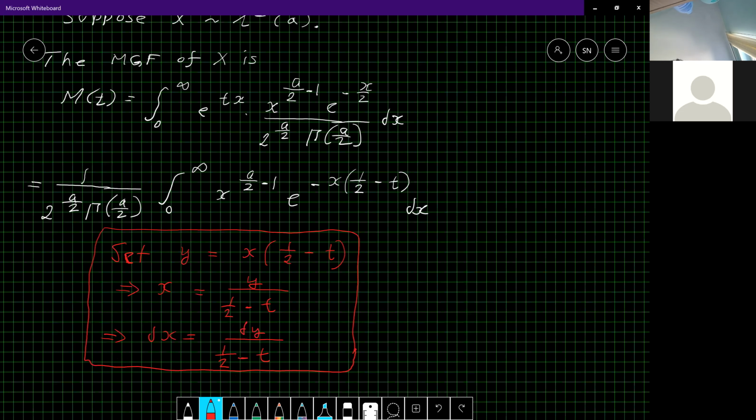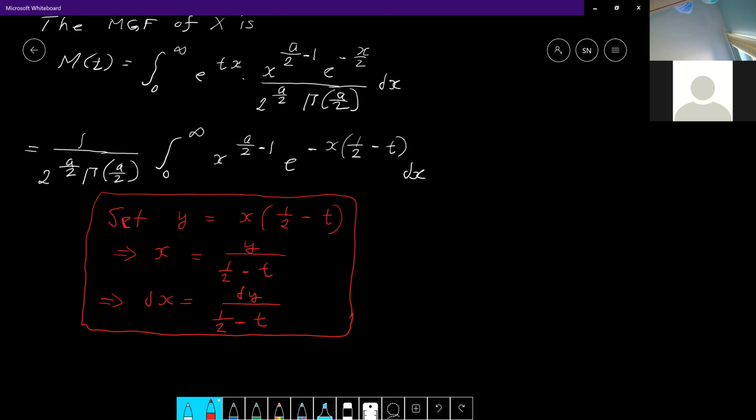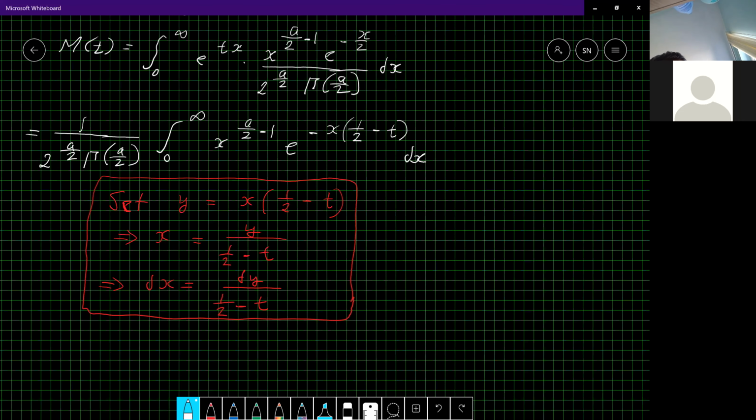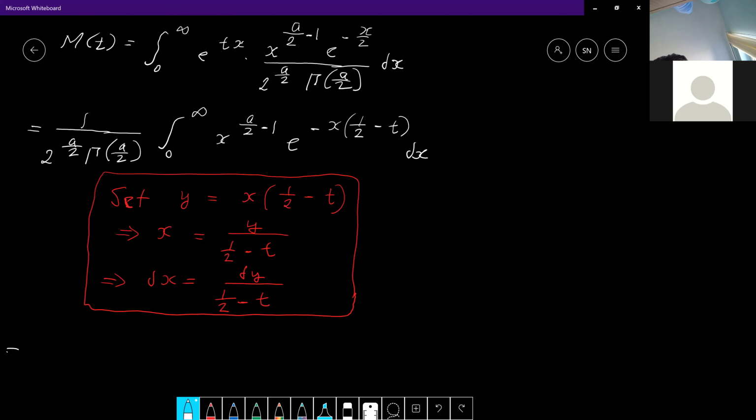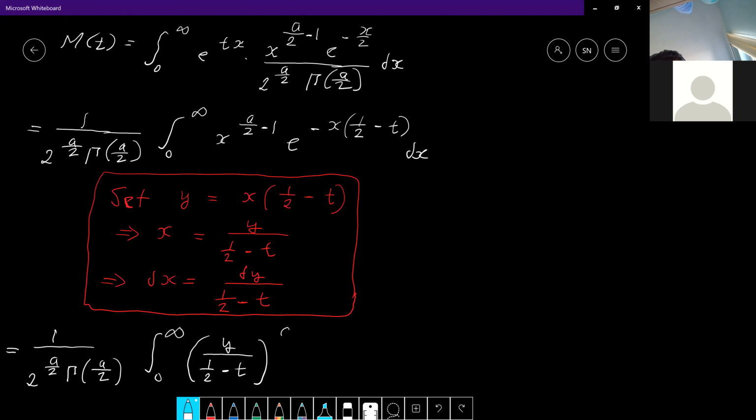Now I'm going to make this substitution into the integral. So let's see what we get. So x will become y divided by half minus t, and dx will become dy divided by half minus t.